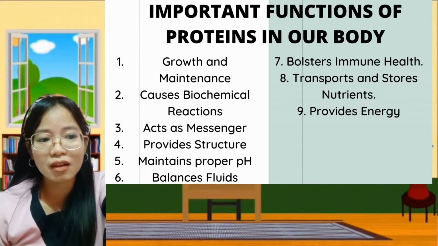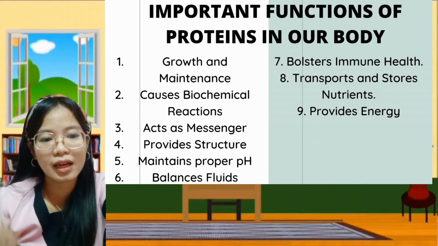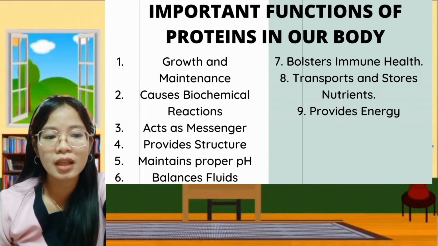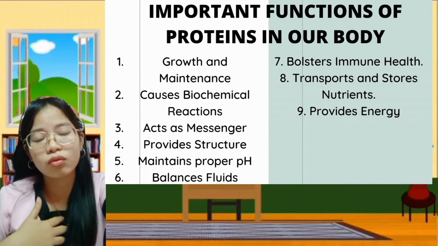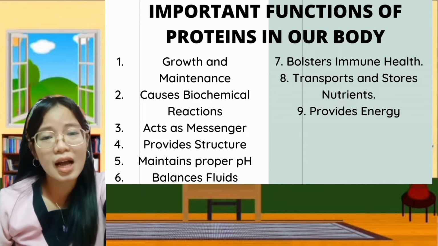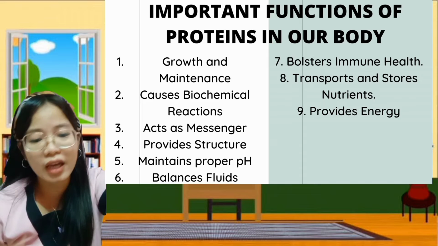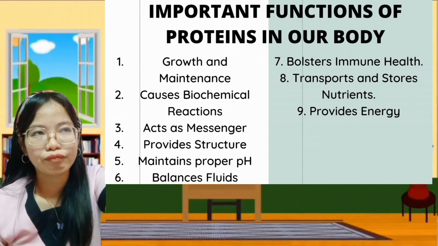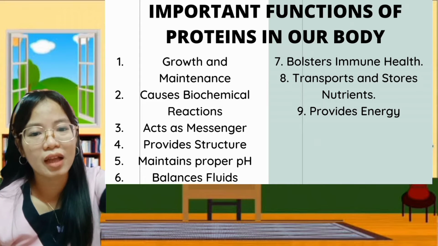So these proteins include keratin, collagen, and elastin, which help form the connective framework of certain structures in our body. Yung keratin, ito yung structural proteins na nakikita sa ating hair, sa ating nails, and sa iba pang part ng ating katawan.